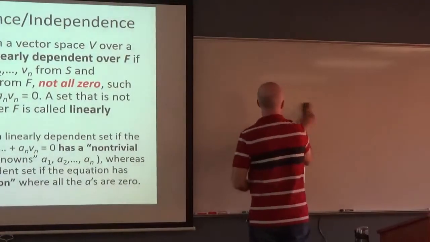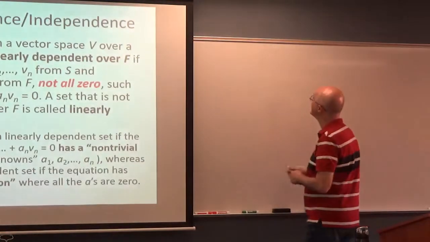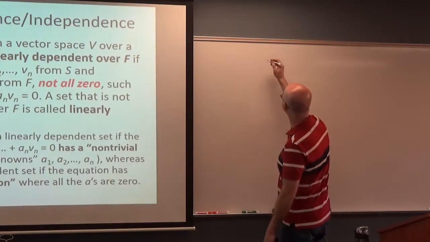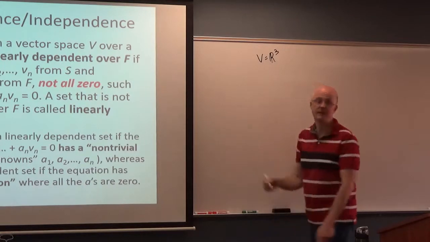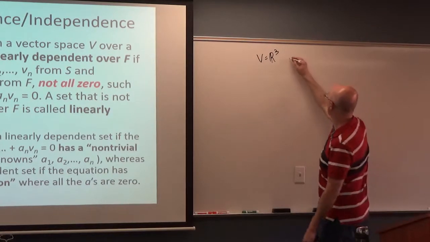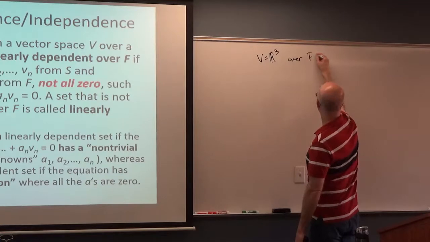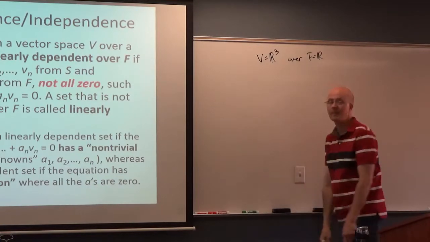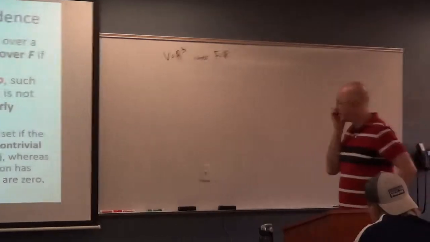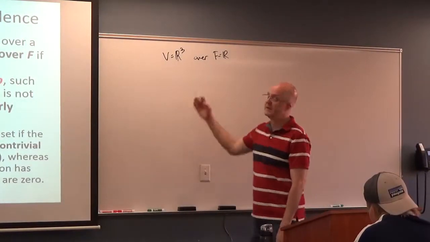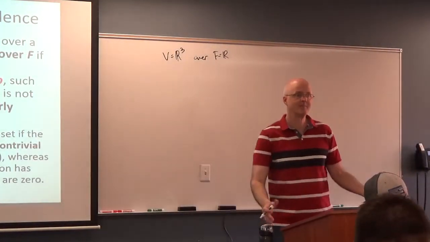And here we'll come back to a familiar vector space from linear algebra. Come back to a vector space, the vector space V equals R3, three-dimensional space, over F equals R. You write down 3 vectors in R3 at random, so to speak.